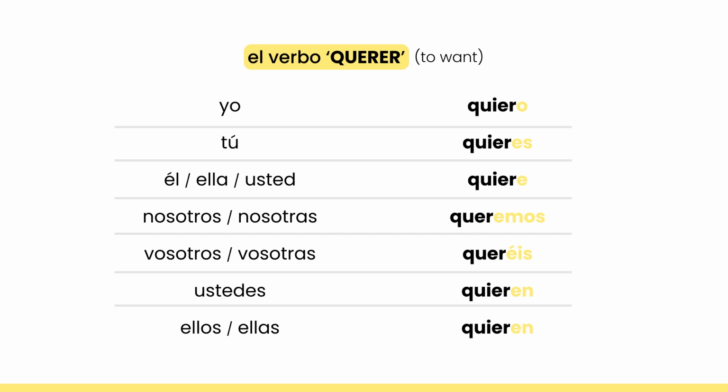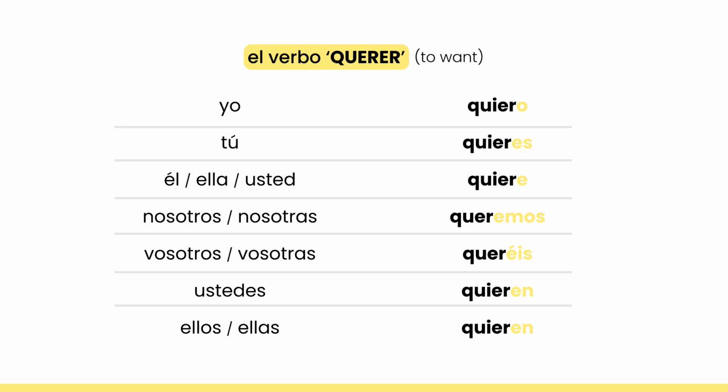But when I say tú, we keep that first part, but instead of adding an o, this time we add an es. And then when we say he, she, or you formal, we remove that s and we just leave the e. And for example, when we say nosotros or nosotras, we keep that first bit, that stem, and we add emos at the end. So depending on who it is that we are talking to or about, we use a different ending of the verb.